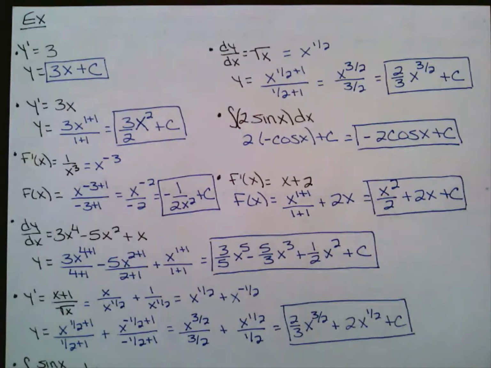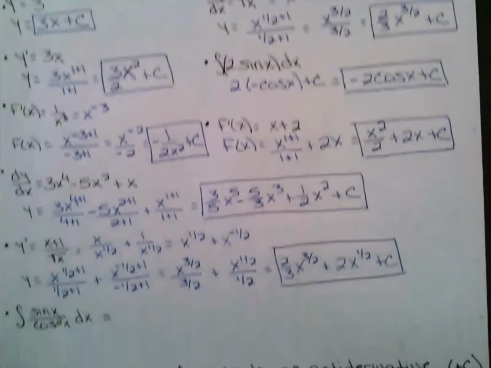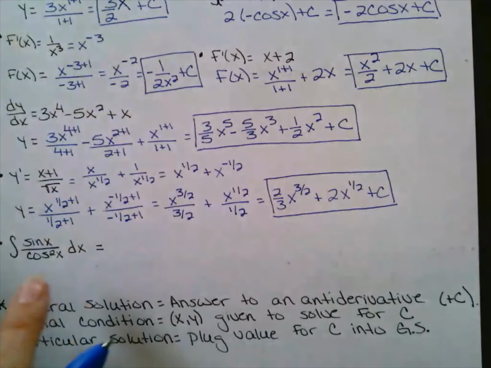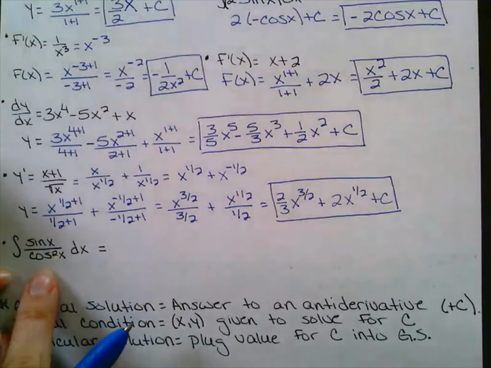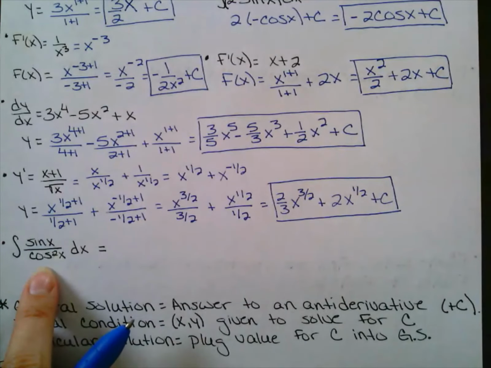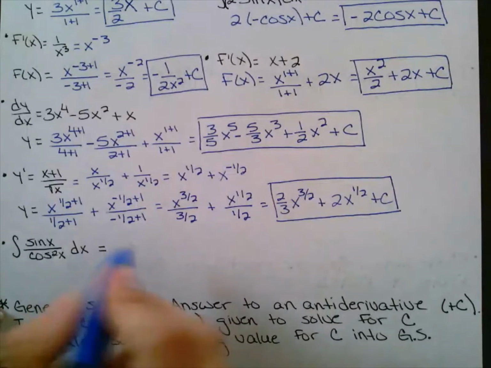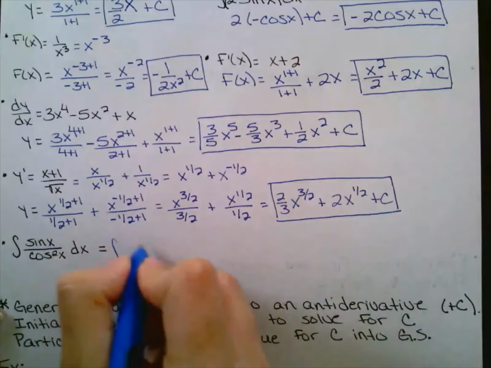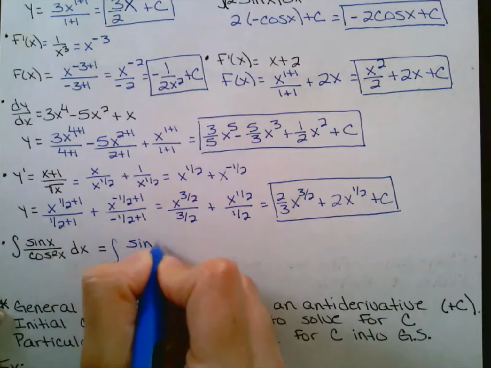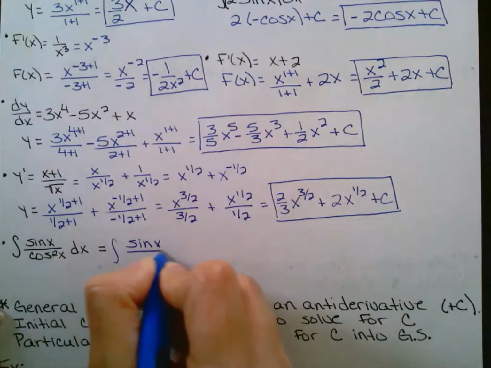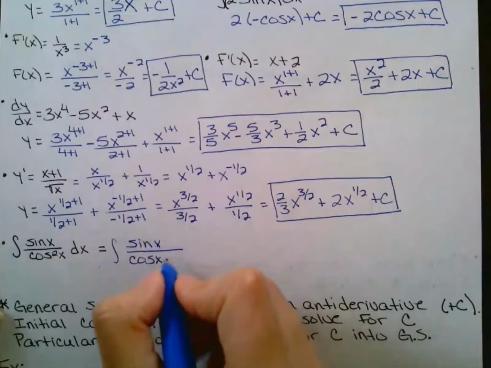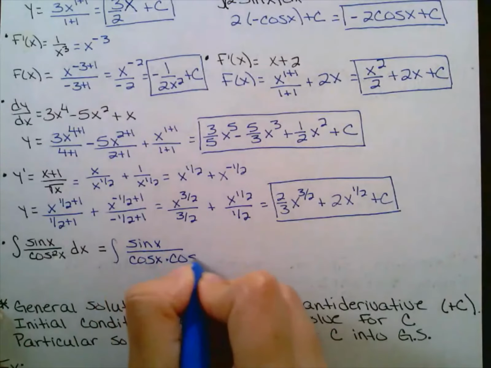All right. So now let's look at this one down here. A little trickier. We have the integral of sine over cosine squared. Well, I'm going to try and rewrite this first as the integral of sine of x over cosine of x times cosine of x.